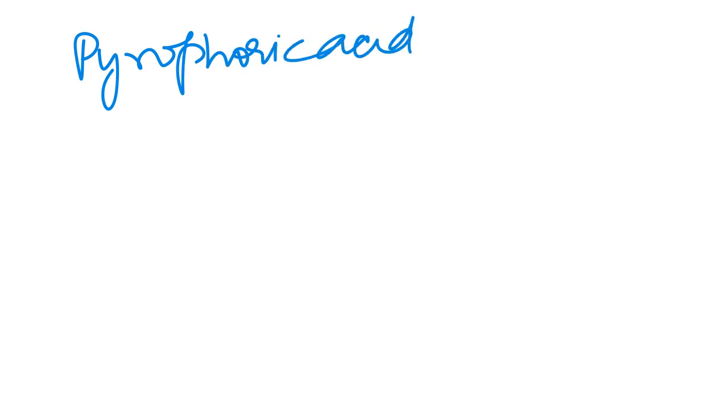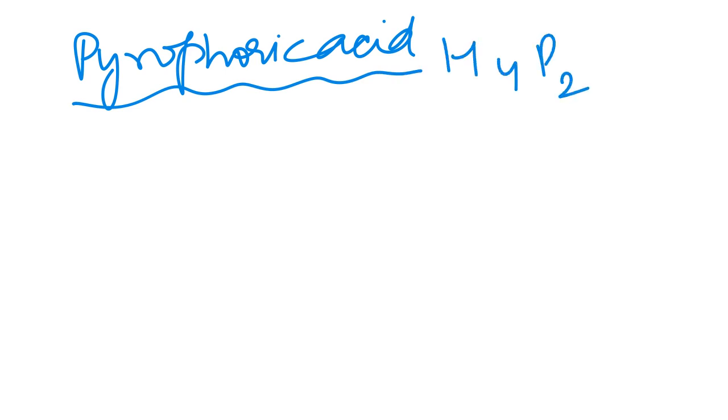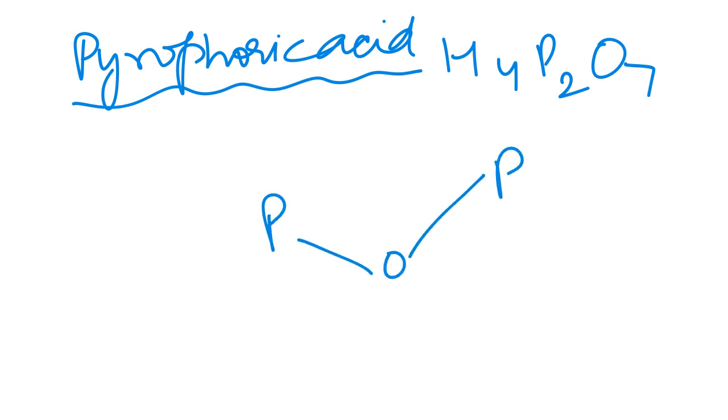Pyrophosphorus acid we have done. Now pyrophosphoric acid. The formula is H4P2O7. So you have a pyro compound, means P-O-P you first write. Then 2 oxygen here, 2 oxygen here means how many? 3 have gone, 4 oxygens are left.